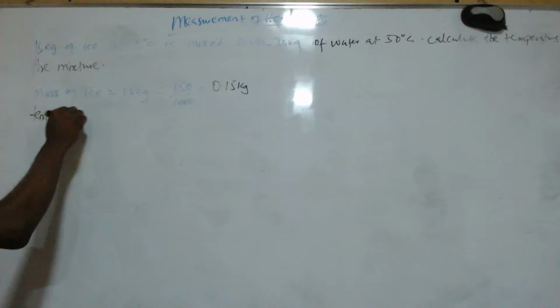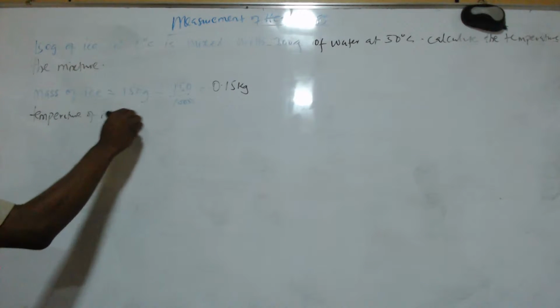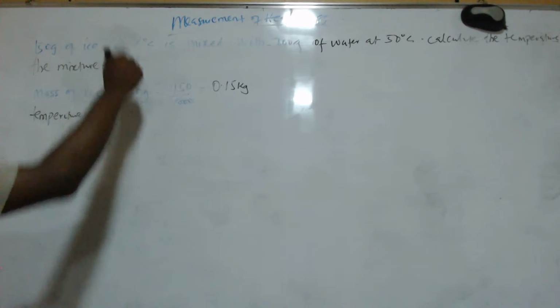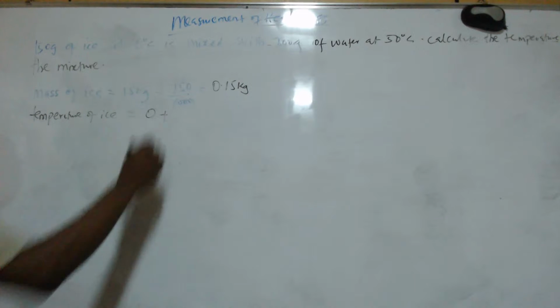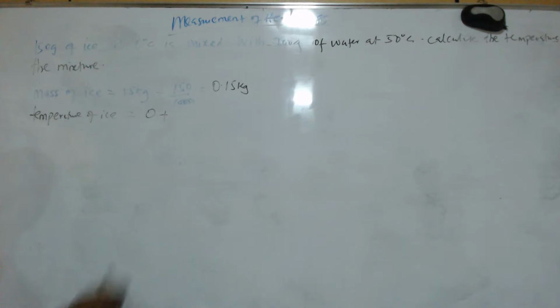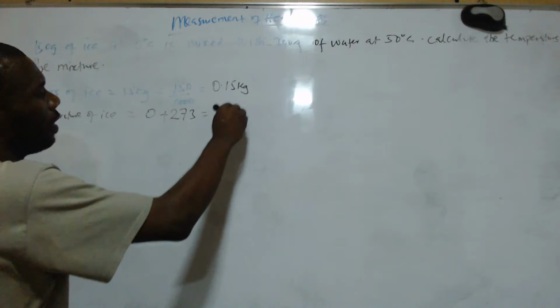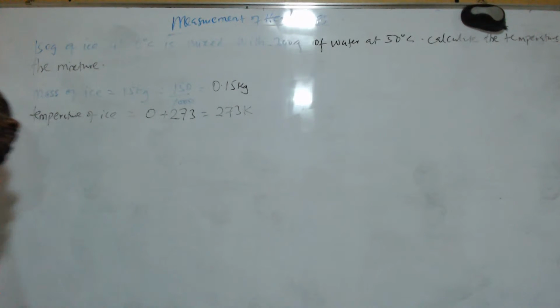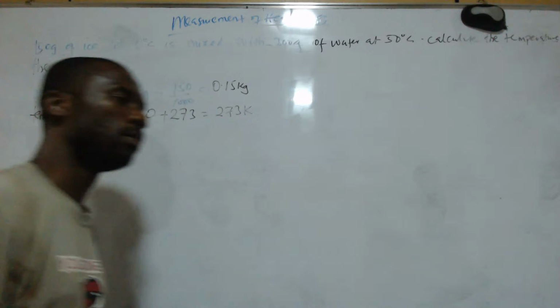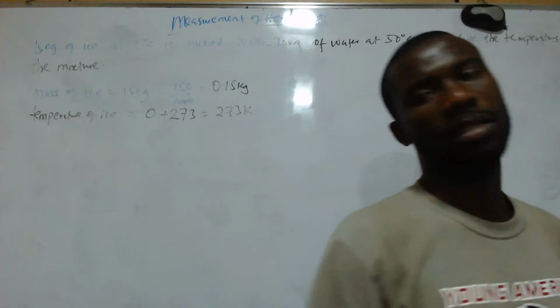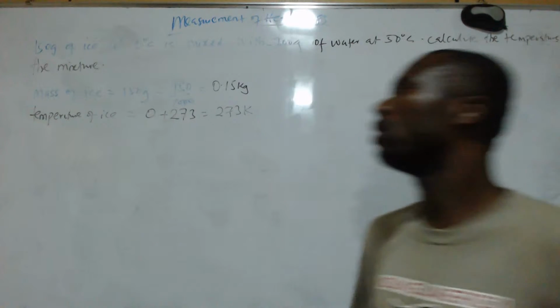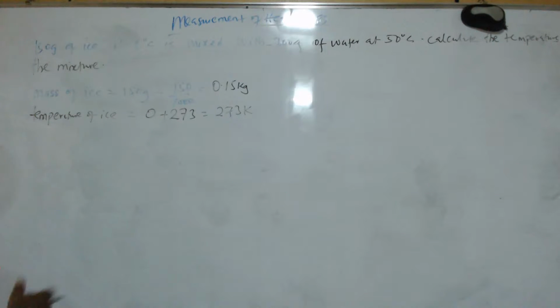Now we have temperature. Temperature of ice. The ice was at 0 degrees centigrade, so we have 0 plus 273 to convert it to Kelvin, which is equal to 273 K. The idea of converting it to Kelvin is because of the unit of specific heat capacity. Now, we have water.